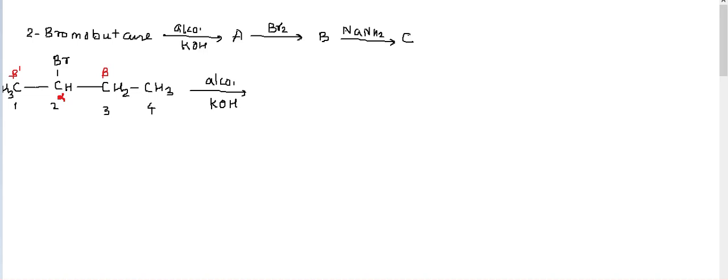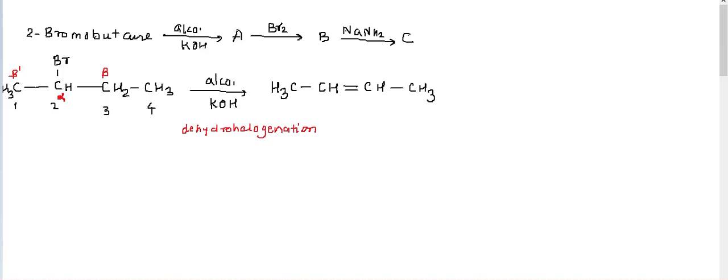First remove hydrogen from the beta carbon and halogen from the alpha carbon. This step is called dehydrohalogenation. So suppose I am removing beta hydrogen and alpha halogen, we get CH3, CH, then a double bond, CH and CH3.